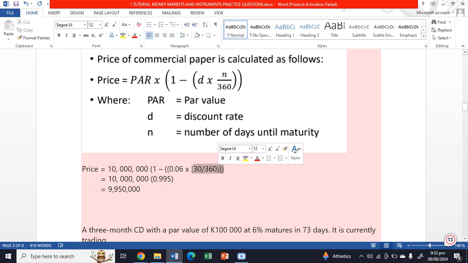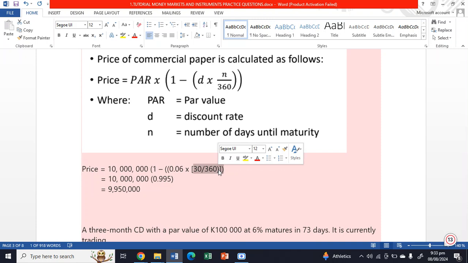30 divided by 360. Let's get our calculator so that we make sure these tabulations are accurate. It's not just nice to see the values there, but you must be sure it's an accurate value, because in the exam you might see the same question, remember these tabulations and put a wrong value.